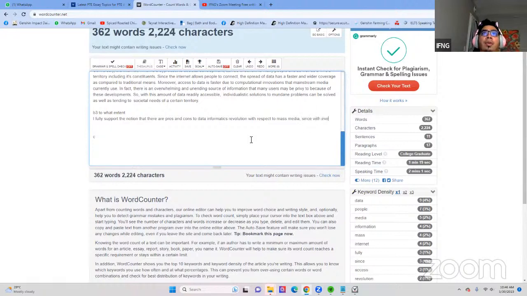As with every development that occurs in human society, mass communication is not unique.